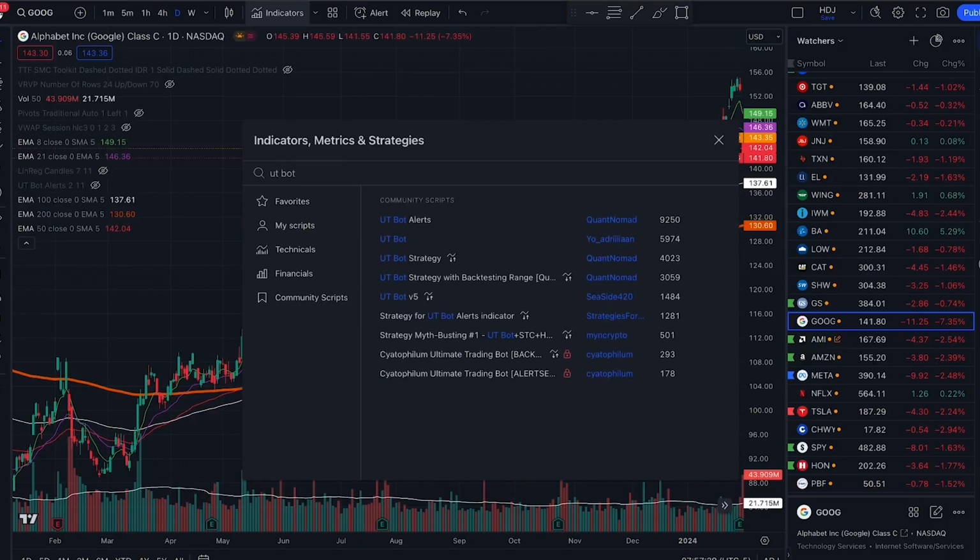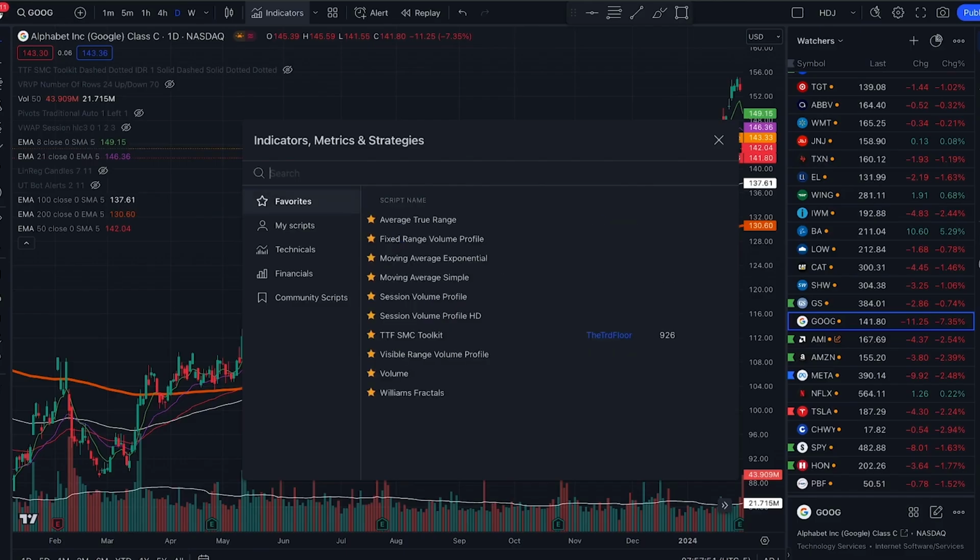Let me see which one. Okay. UT bot alerts, and just make sure it's this one right here. When you click on UT bot alerts, it's gonna bring it over here, and also add linear regression candles.